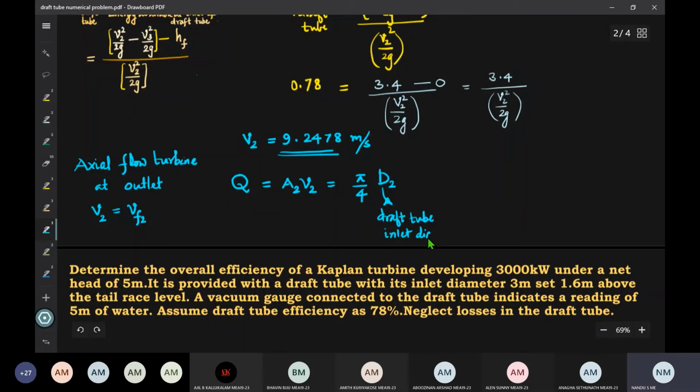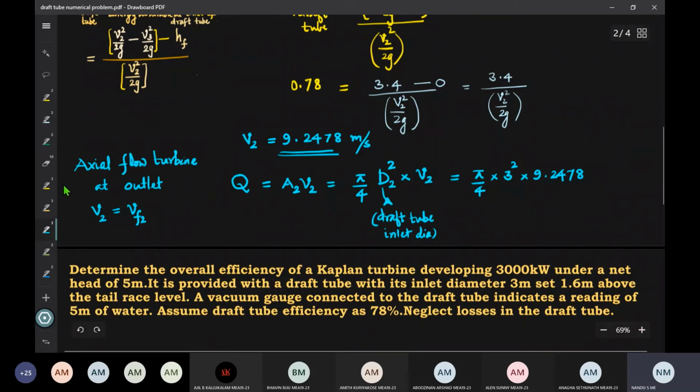So remember, this diameter is draft tube inlet diameter. Okay. Pi by 4 d2 square, then multiplied by this velocity V2 we found out. Diameter of the draft tube inlet is given to be 3 meters. So it is pi by 4 into 3 square, that is 9, multiplied by 9.2478. So you will get the discharge handled by the turbine.